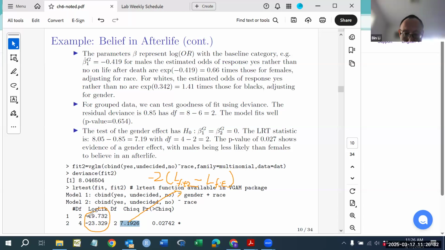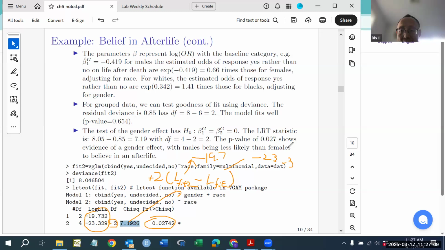In other words, the first one is negative 19.7, and this one is negative 23.3. You take the difference between these two and multiply it by 2. That is the test statistic. And then you can do the chi-square test with degree of freedom 2, and the p-value is this.